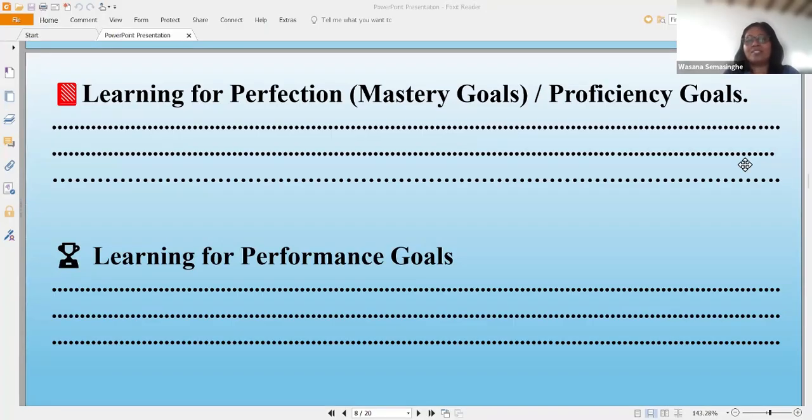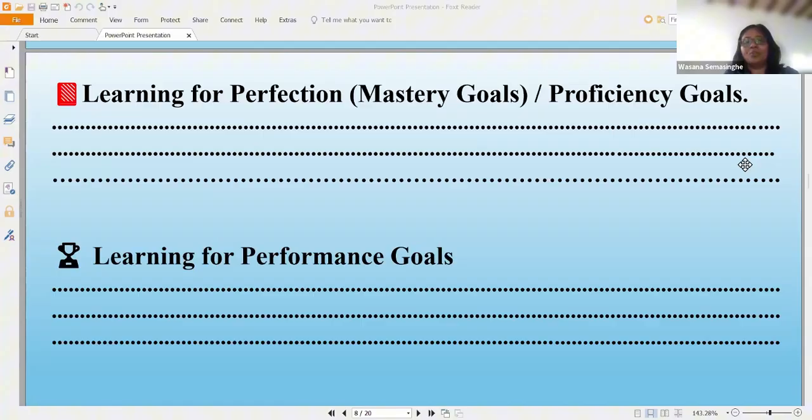Write some examples. What are the two things? Learning for perfection or mastery goals, proficiency goals, or learning for performance goals. So you can think and write examples.